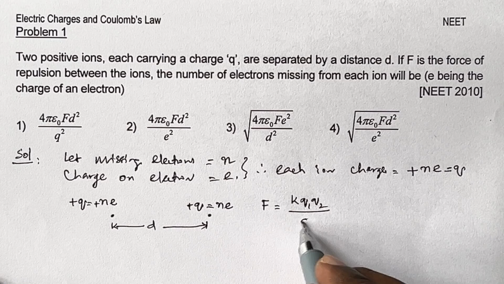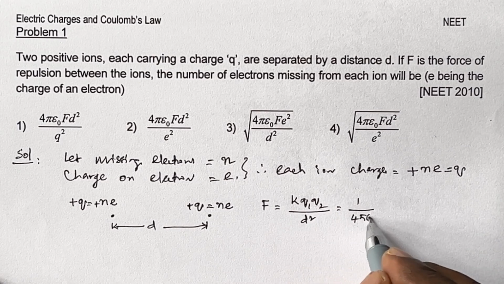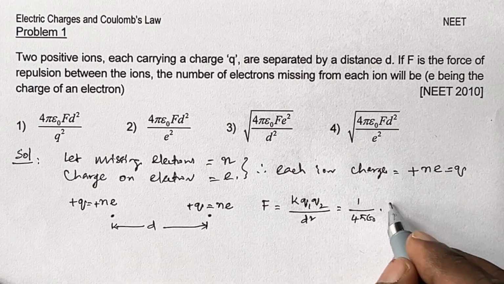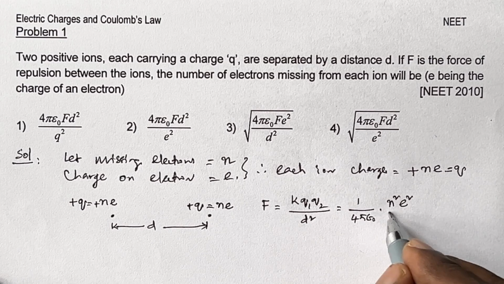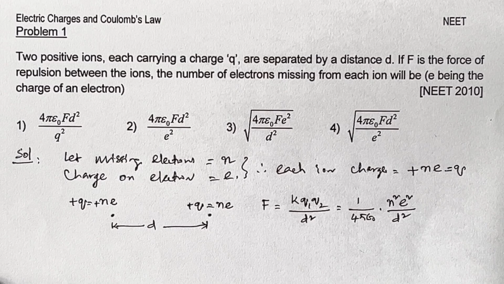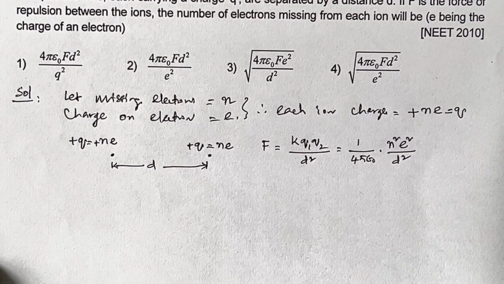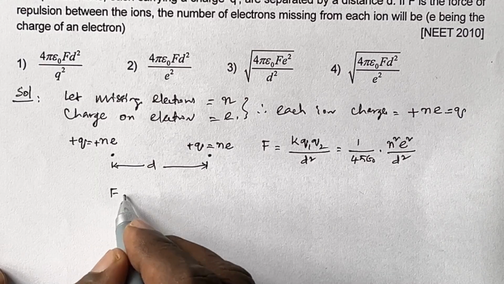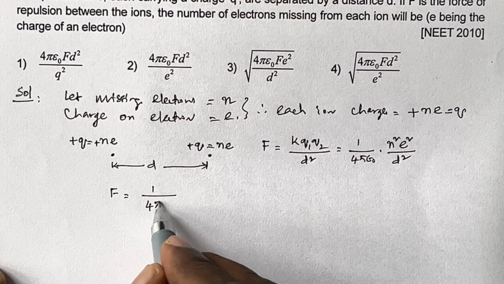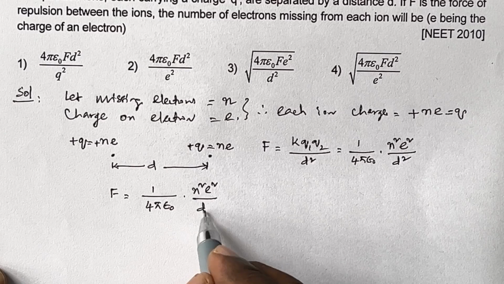Here r is given as d, so d square. k is 1 by 4 pi epsilon naught. Q1 and Q2 are both the same, ne into ne. So n square e square by d square. This is the F. So let us write once again the equation. F is equal to 1 by 4 pi epsilon naught, n square e square by d square.